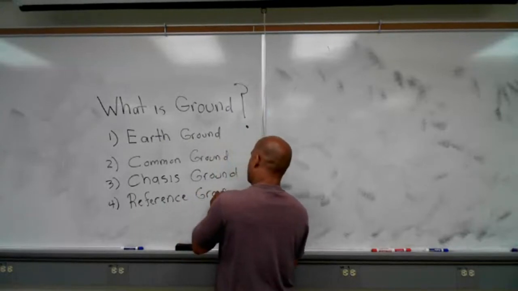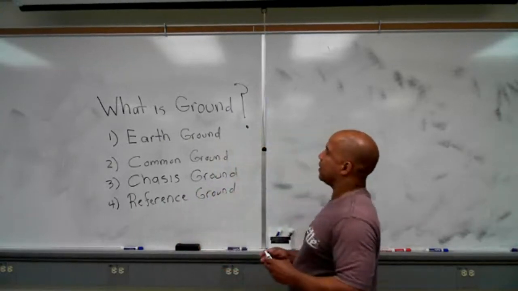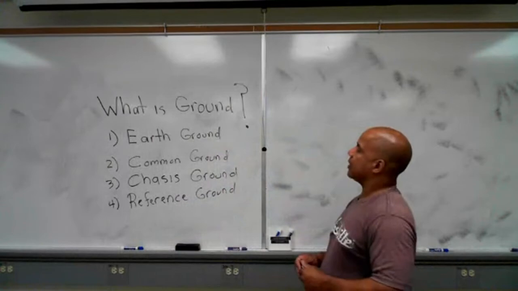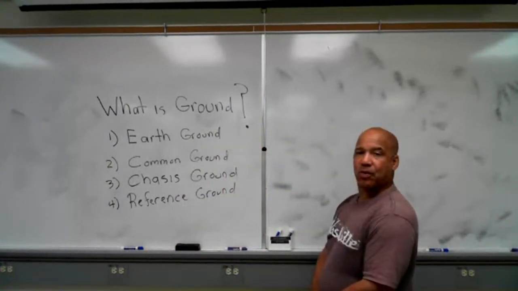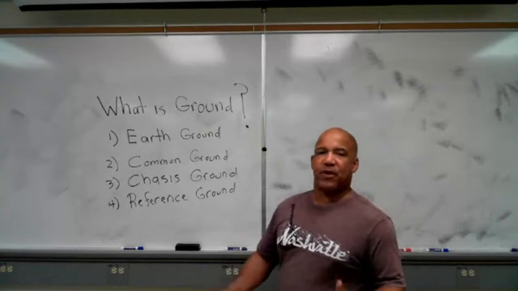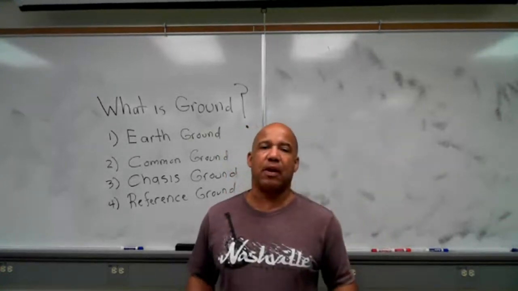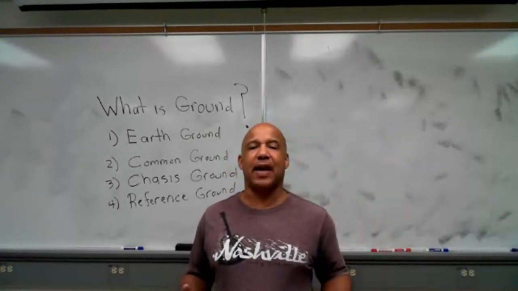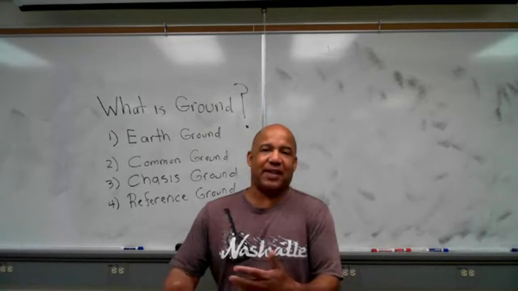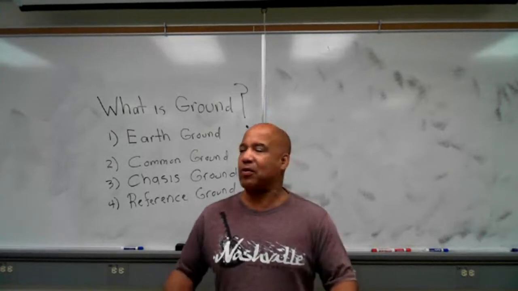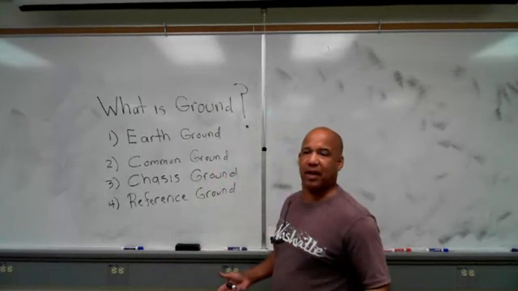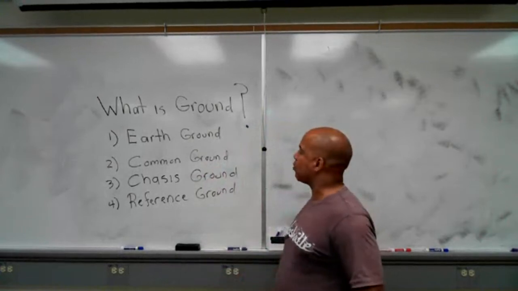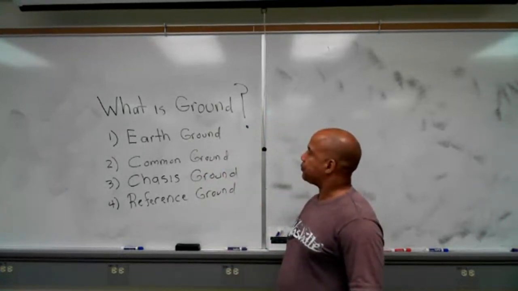And there's reference ground. So earth ground, common ground, chassis ground, and reference ground. So it's confusing. There's different types of ground. And then on top of that, sometimes they mean the same thing and sometimes they don't. Sometimes chassis ground and common ground can mean the same thing, and then other times they don't. So let's go through and let's talk about these different types of ground.